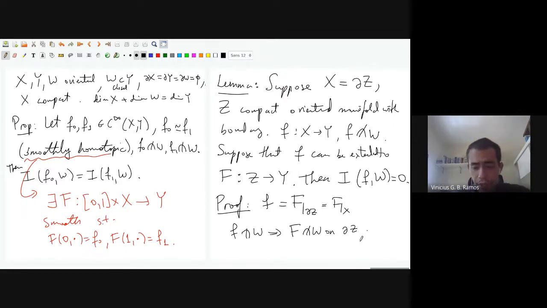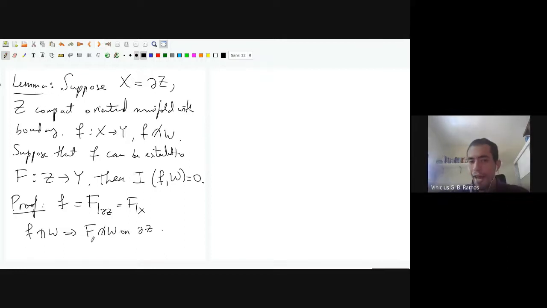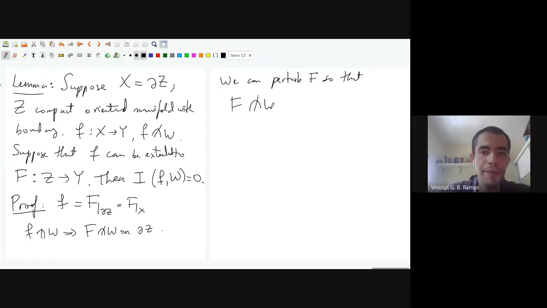By the corollary last time, a corollary to Thom's transversality theorem, we can perturb F. We can find a sequence converging, but it doesn't even matter that it converges. We can just find a perturbation, so that F is transverse to W in all of Z, and F restricted to the boundary is still equal to little f.